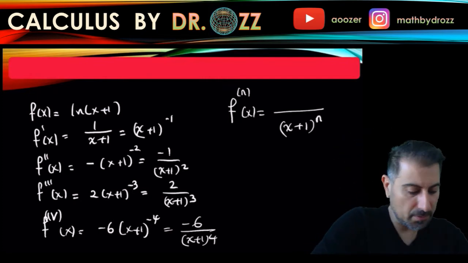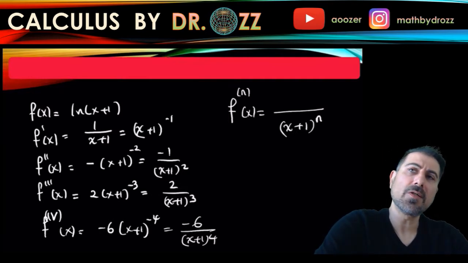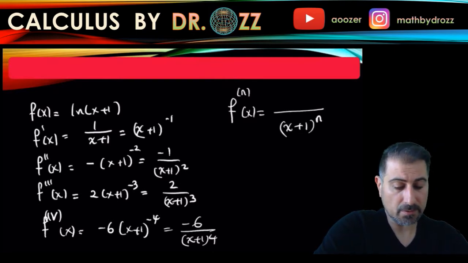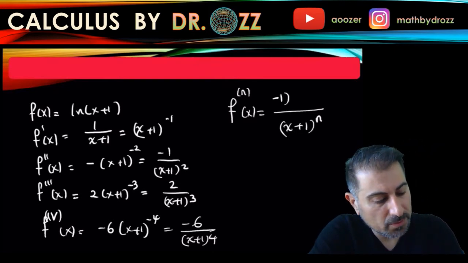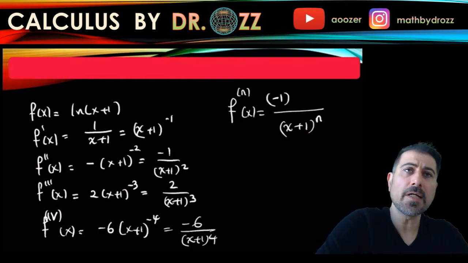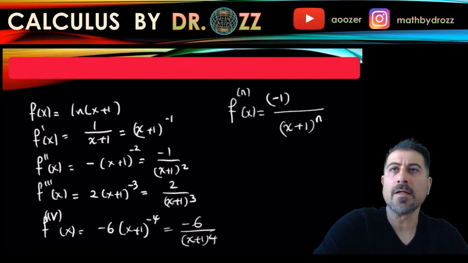So let's try to catch the pattern in the top. So you have 1, negative 1, 2, negative 6. Well, first of all, its sign is alternating, right? So I'm going to put a minus 1 to the power of either n or n plus 1, but I have to check which one. If you can nail one of them by looking at its sign, the other would follow.